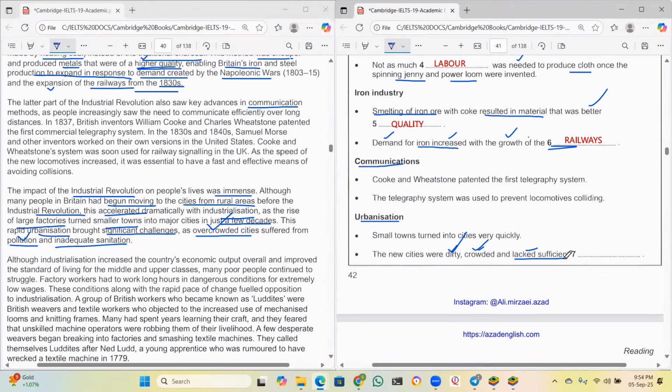And lacked sufficient, there was lacking. Inadequate is matching with lacking. What is the answer then? Sanitation, right? Yes, that was also a direct answer. There is no difficulty so far. So far, so good. And let us move to the next set of questions.